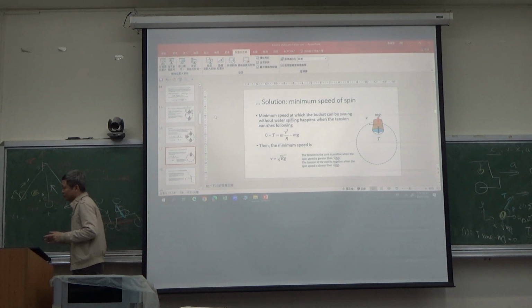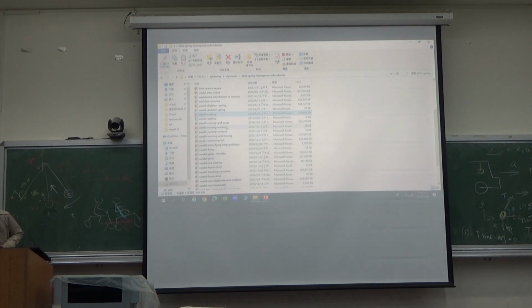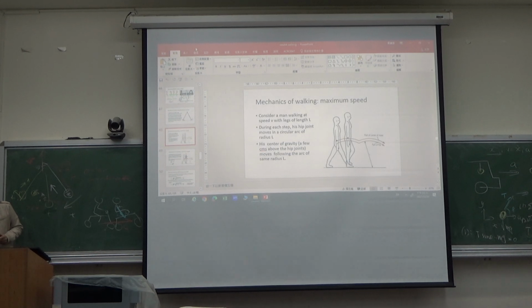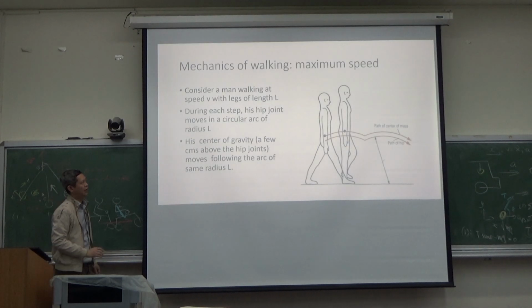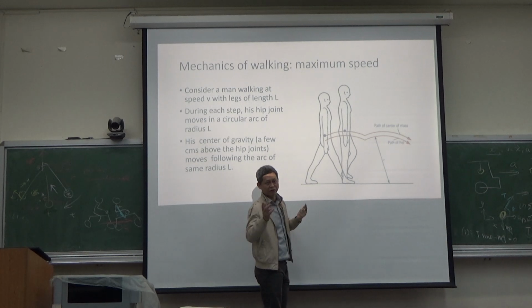Now next comes the question: how do you predict the maximum limit of your walking speed? You can model the man as walking with a constant radius.